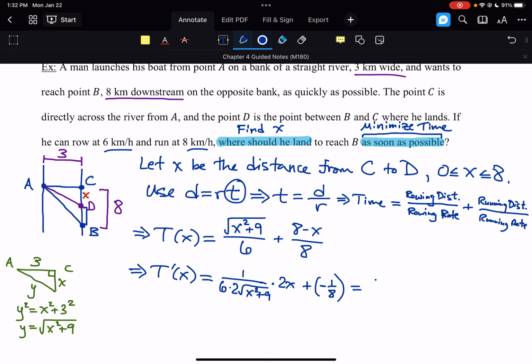So we get just x over 6 rad x squared plus 9 minus 1/8. We'll set that equal to 0.